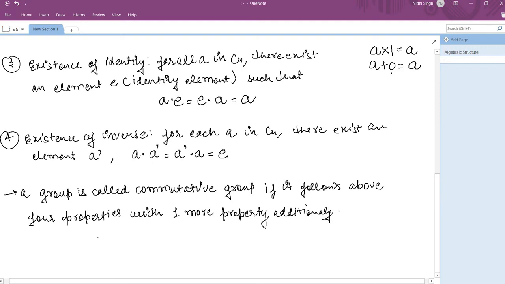What is that additional property? The additional property is named commutativity.